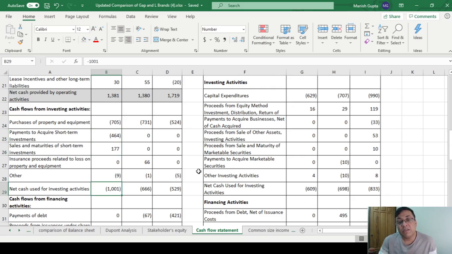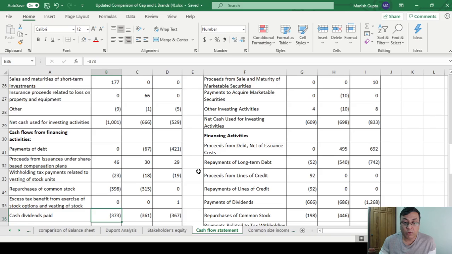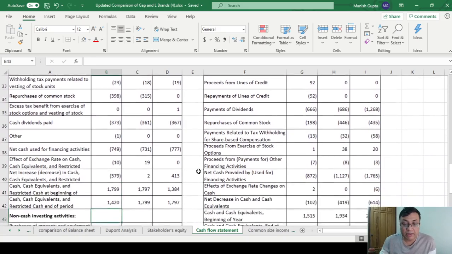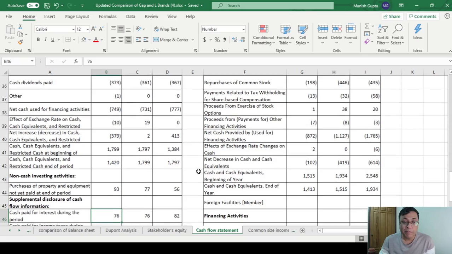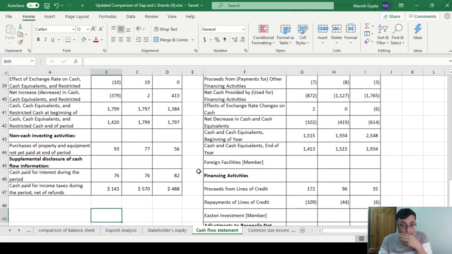Because this is a short-term investment, it's okay for the lenders to accept that, because the company can sell these short-term investments and generate cash. Then the total cash increase or decrease is given there.